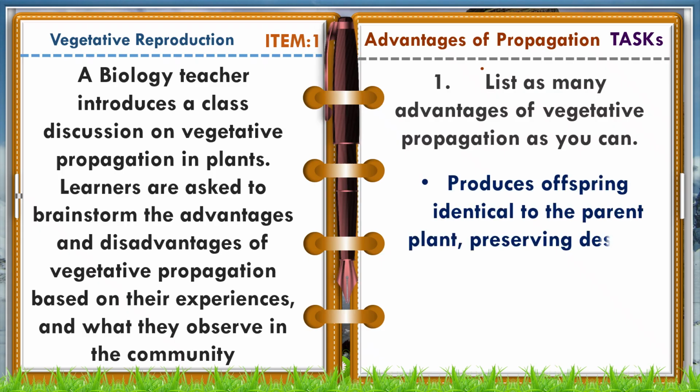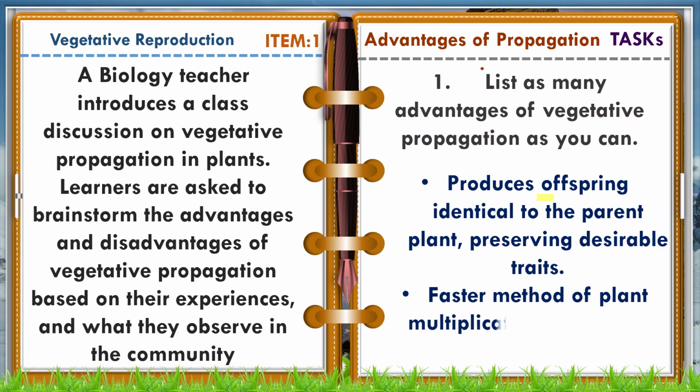1. They produce offsprings identical to the parent plants, preserving desirable traits. Another advantage: they are faster methods of plant multiplication compared to seeds.